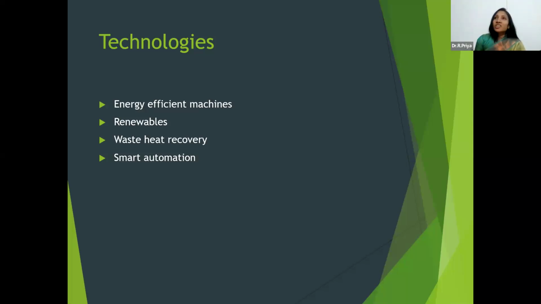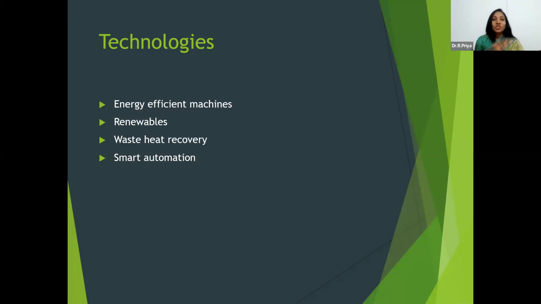Then waste heat recovery systems capture heat that would normally be lost from boilers or exhaust gases, and reuse it for heating, power generation, or other processes. So this significantly improves overall energy efficiency.